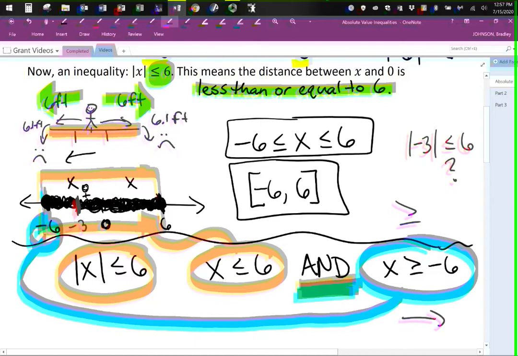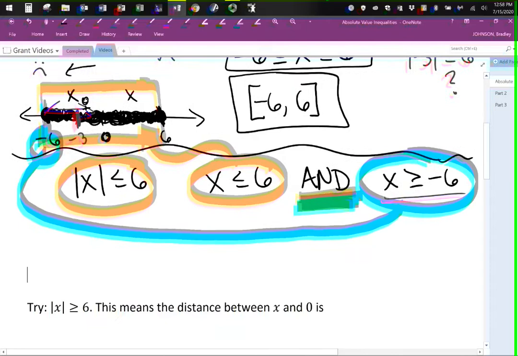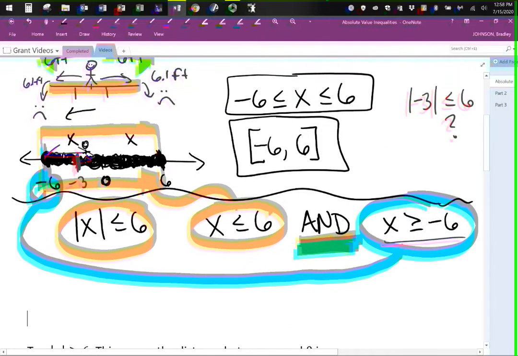Think of the greater or equal to symbol. If you make that like an arrow, you see how it's pointing right. So we are really walking on the balance beam, right? Only on this part of the balance beam. So we have that x greater or equal to -6.